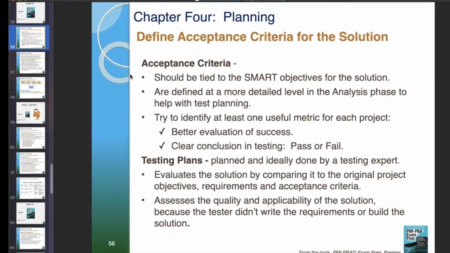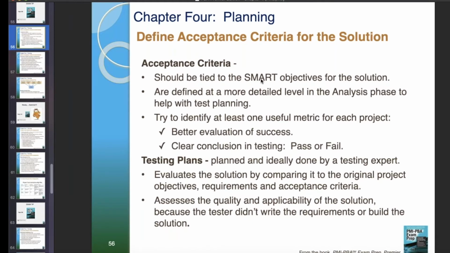So let's define acceptance criteria for the product, for the solution. Remember, it should be tied to SMART objectives for the solution. Do you remember? Specific, measurable... I always get stuck trying to remember this off the top of my head.